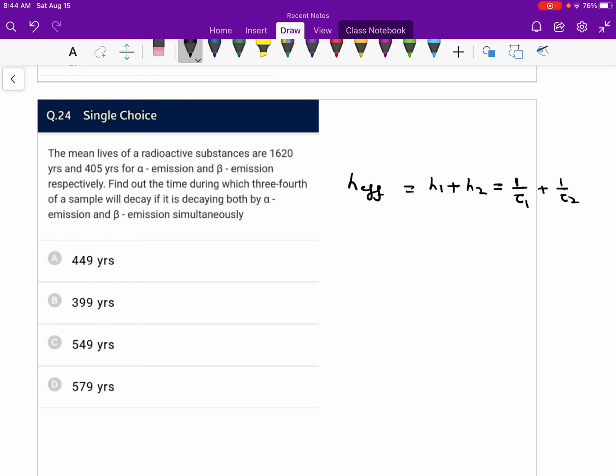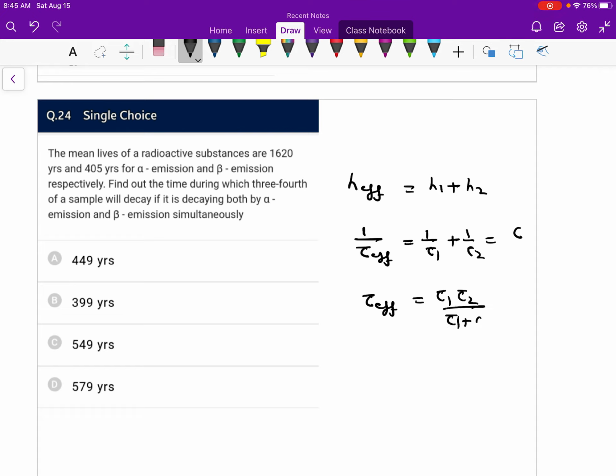So 1 upon tau effective is 1 by tau 1 plus 1 by tau 2, that is tau effective is tau 1 tau 2 upon tau 1 plus tau 2. Tau 1 and tau 2 are mean lives.